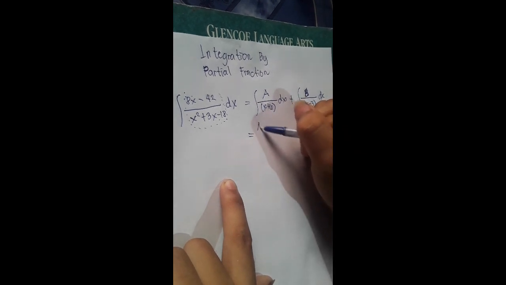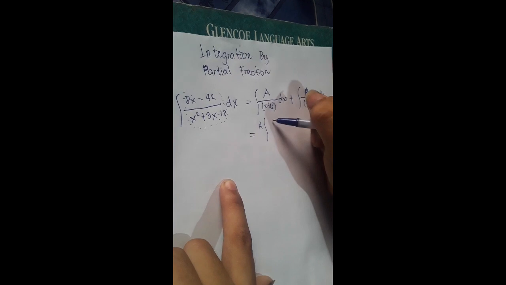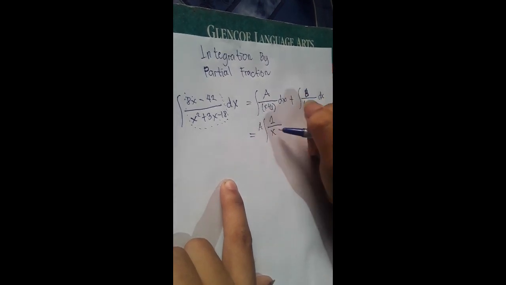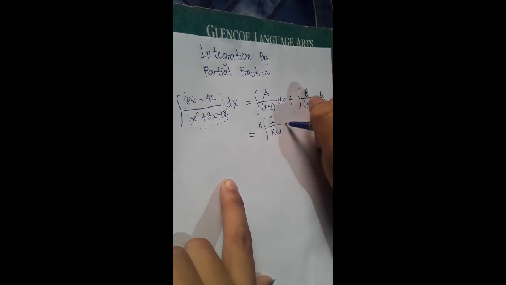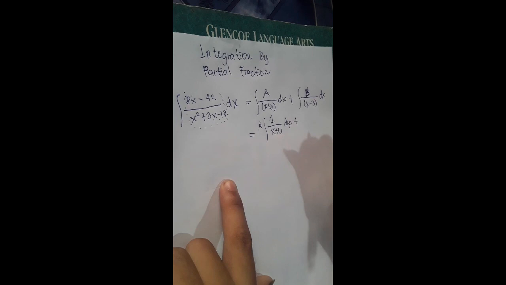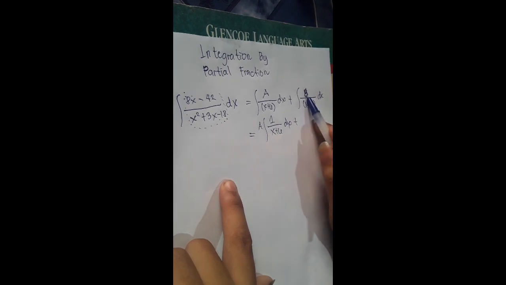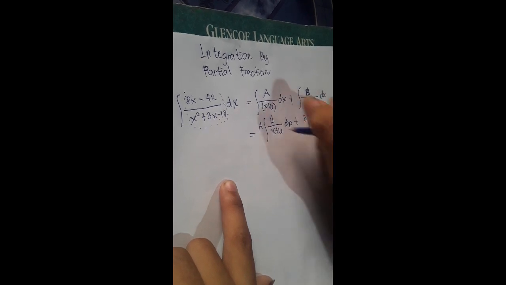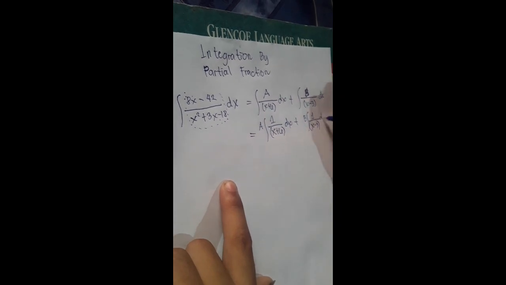So this will become a times the integral of 1 over x plus 6 dx, plus the same thing for b, we move it out of the integral. So this will become b times the integral of 1 over x minus 3 dx.